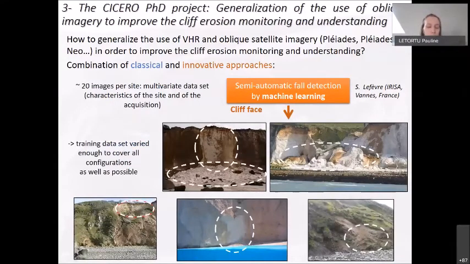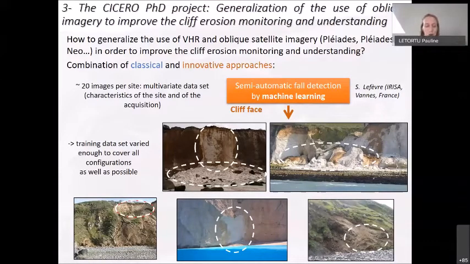Indeed, the satellite images of the cliff face will provide a massively multivariate dataset, either according to the characteristics of the site, cliff color, cliff height, or according to the characteristics of the acquisition trajectory of the satellite in relation to the site, time of pass.